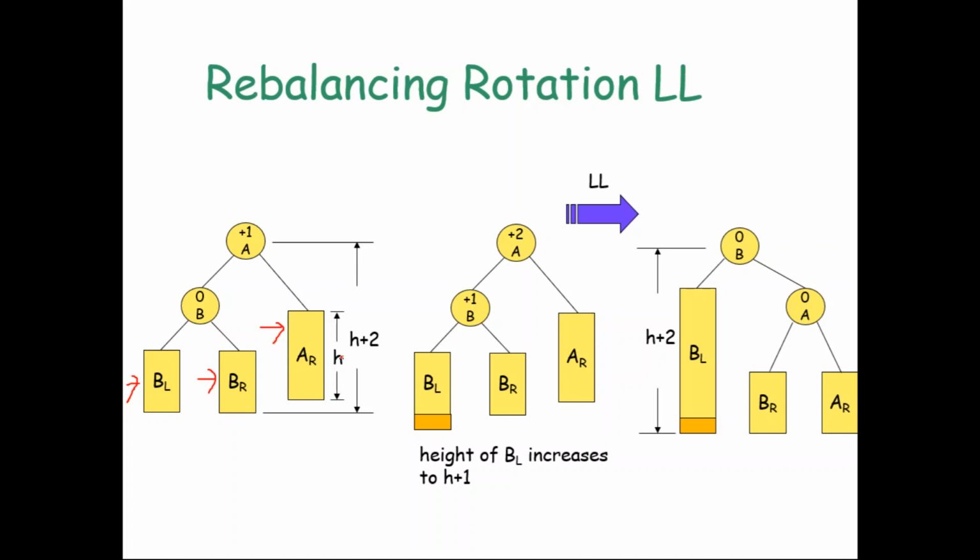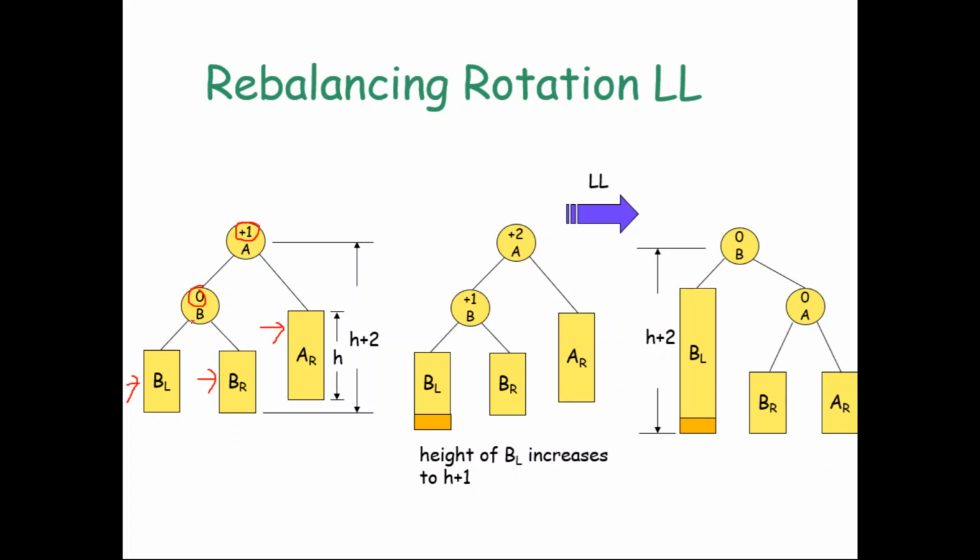So the tree is a balanced one. The balance factor of A is 1. The balance factor of B is 0, because both its children are of equal height.